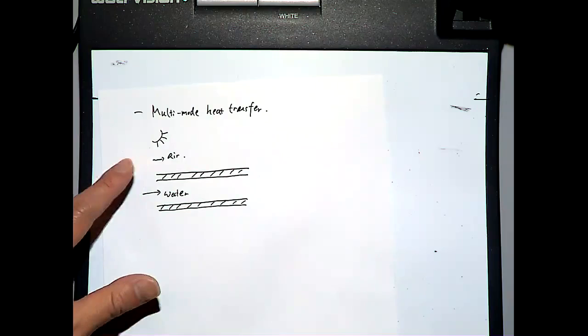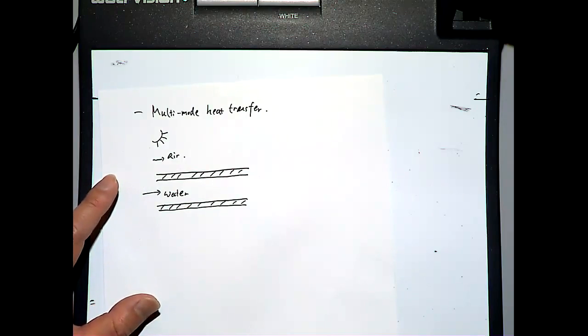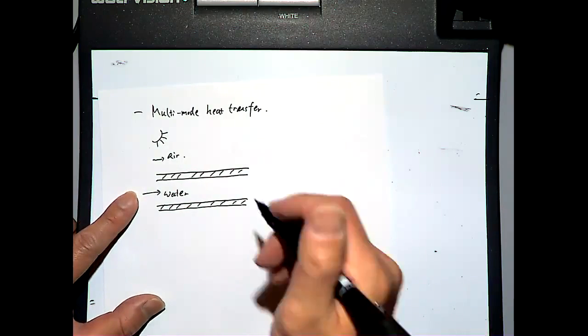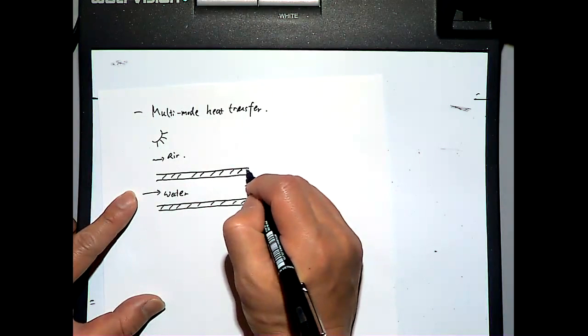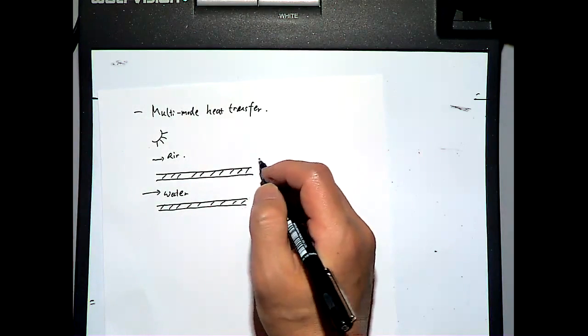So in this case, if we consider the heat transfer modes, we want to start our analysis.